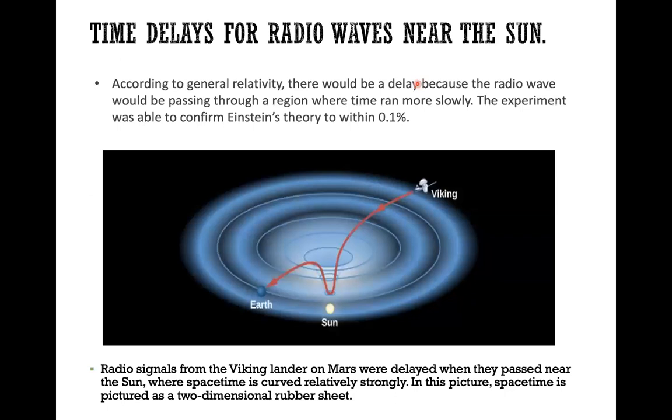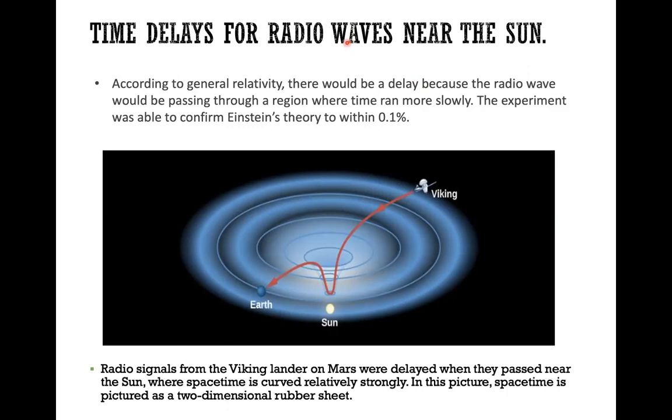Now, this is one good example of time dilation due to the general theory of relativity. This is actually not close to a black hole, but it is something we can experience when we transmit electromagnetic waves in space. Probably you have heard of the Viking probe, which was sent to Mars, one of our planets, and it sends us radio signals.